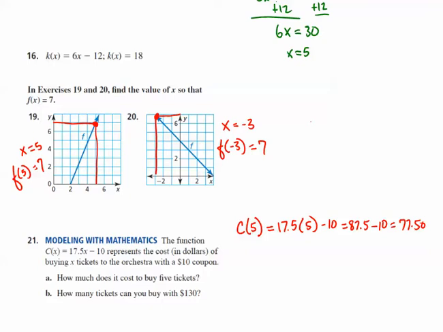Which means, in this case, how many tickets can you buy with $130? So we're asking the question, c of x is equal to 17.5x. We don't know how many tickets there will be. We need to buy 17.5x minus 10, but that has to equal $130.